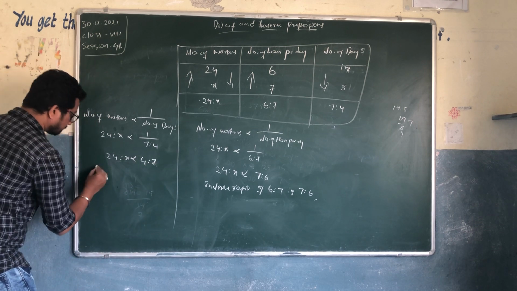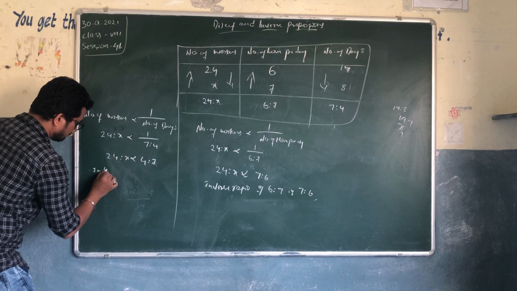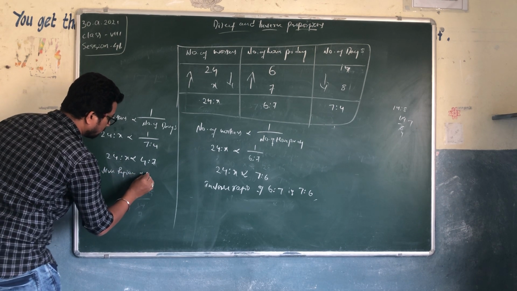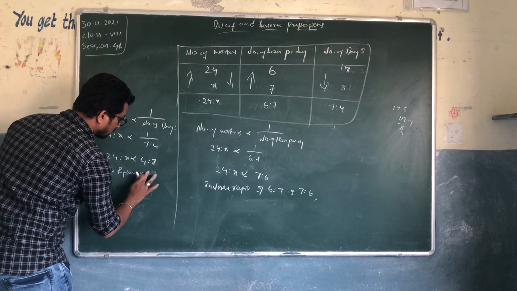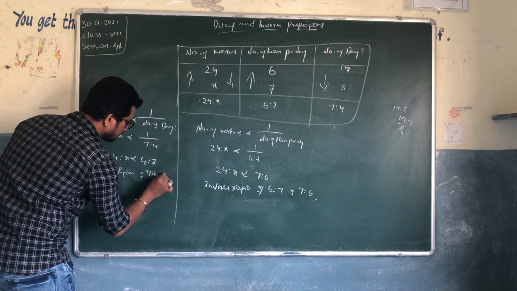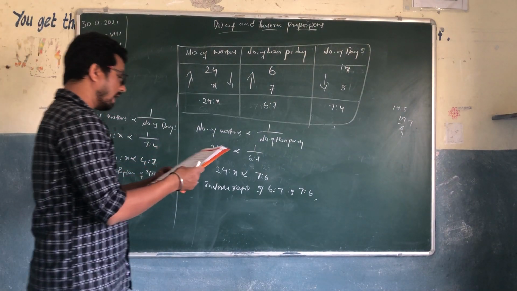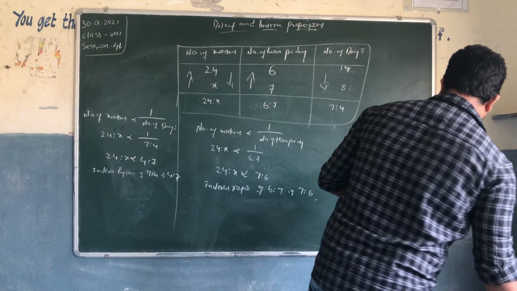Where this is the inverse ratio of 7 is to 4, which is 4 is to 7. Okay, so we have written this one also. Now we need to find out the compound ratio.